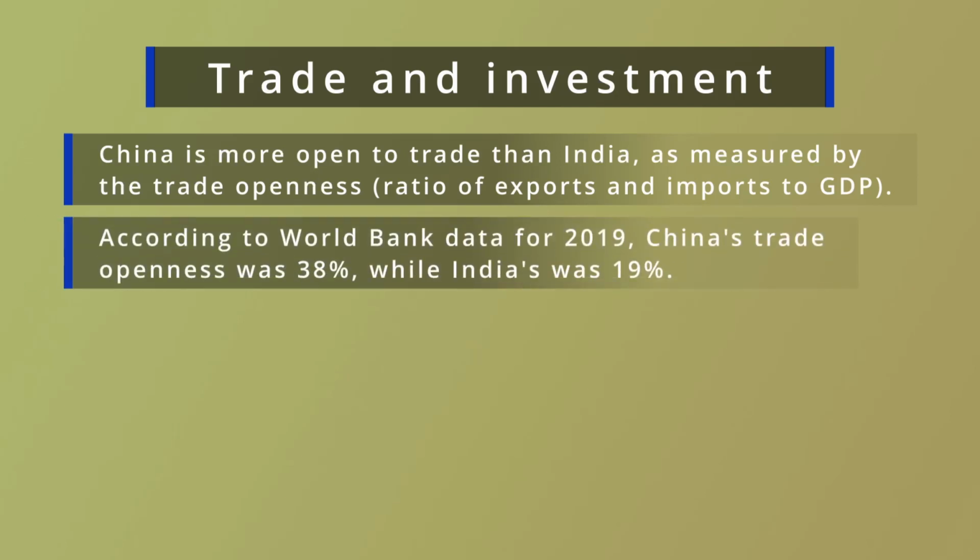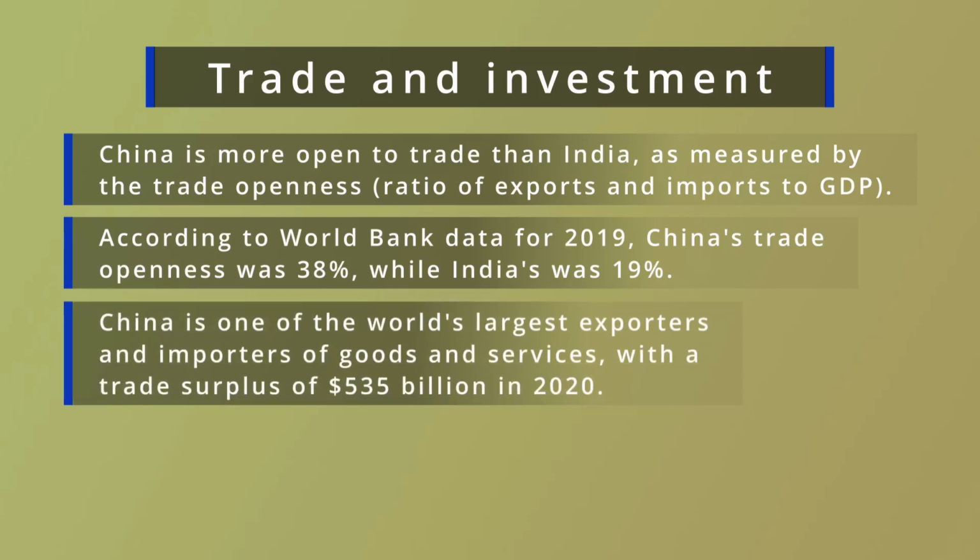According to World Bank estimation in 2019, Chinese trade openness was 38%, while India's trade openness was only 19%. That is, Chinese trade openness is 2 times higher than India's.